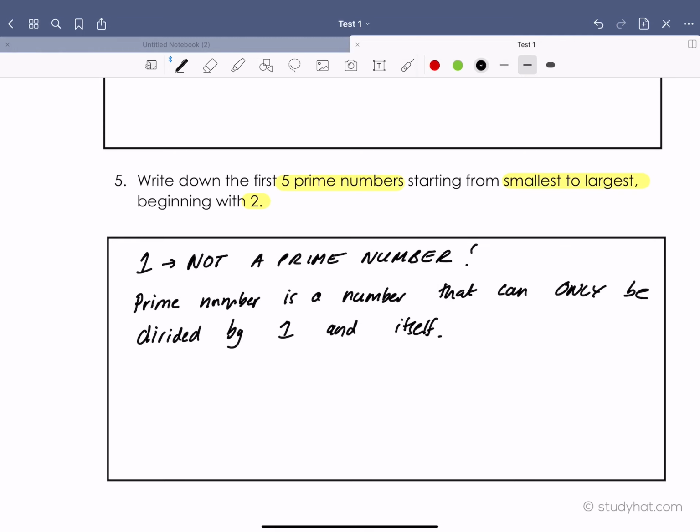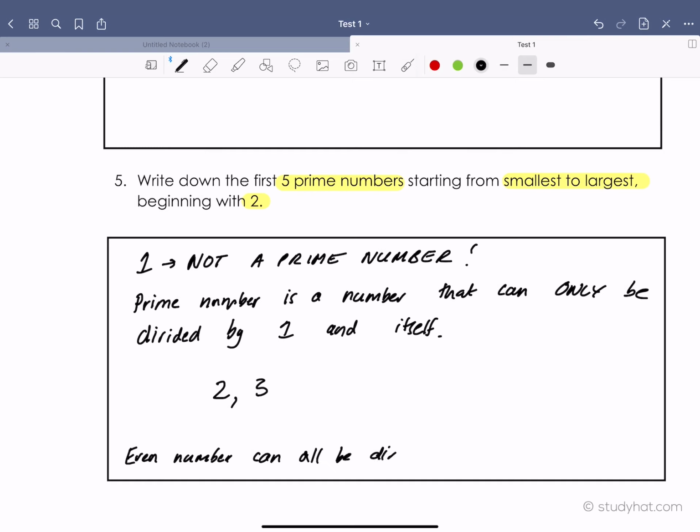So 2 is the first one because 2 can only be divided by 2 and 1. Next, 3. That can't be divided by anything else. Now, apart from 2, the rest of the even numbers are not going to be prime numbers, are they? Because they can all be divided by 2.